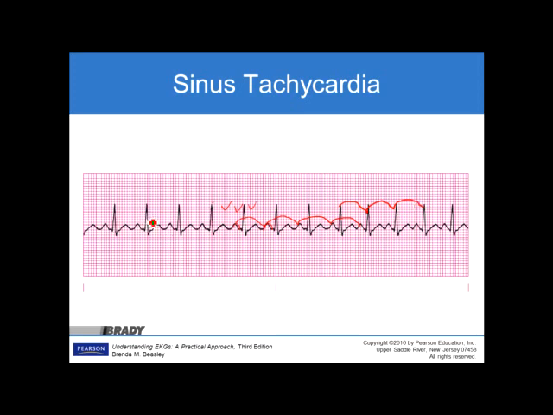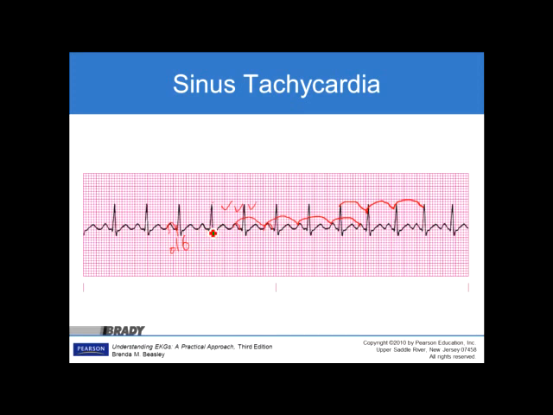Step 3: is there a P wave before every QRS? Yes. Is it PURU? Yes, the P waves are upright, round, and uniform, or pretty much round. They have a rounded shape to them. Step 4 is the PR interval, which is 4 boxes or 0.16. The next step: is there a QRS?